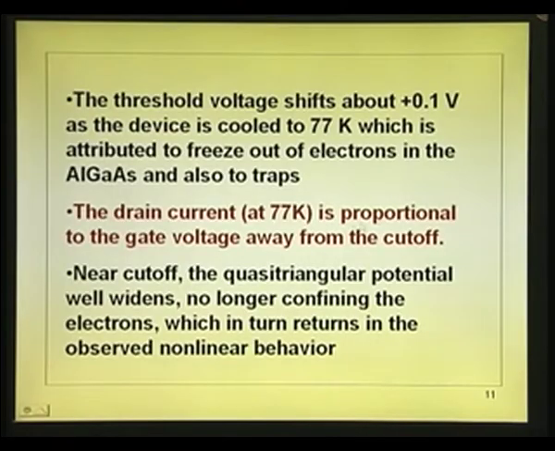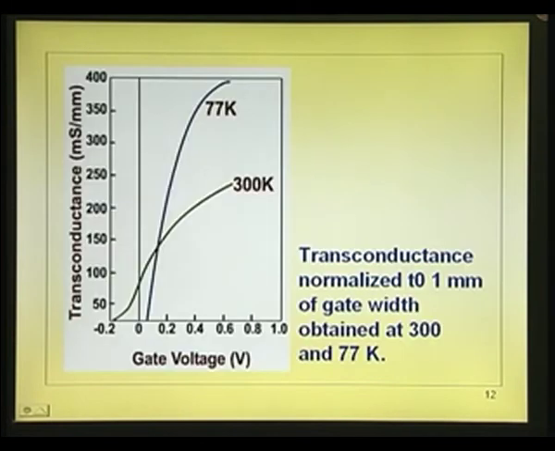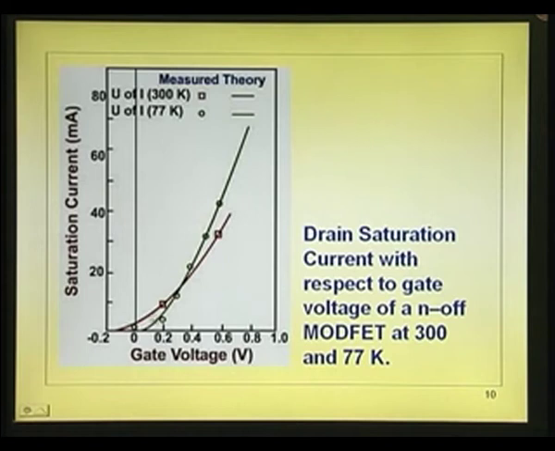The current is proportional to gate voltage away from the cutoff. Near cutoff, the well widens and you get much more nonlinearity. See, what the statement there means is, you get the regular square law characteristic, but here you have got much more nonlinearity, because as you go nearer to the off state, what happens?